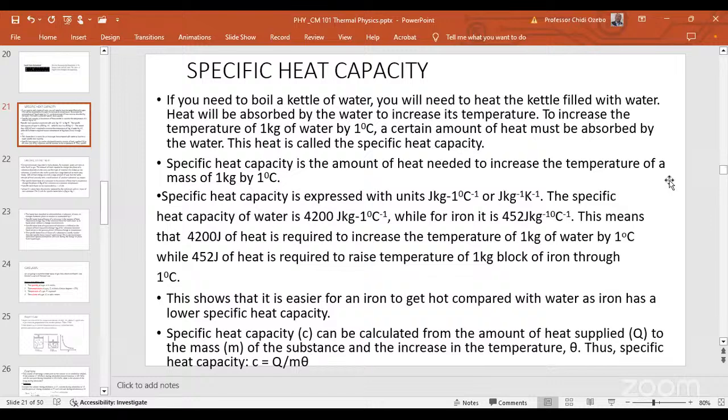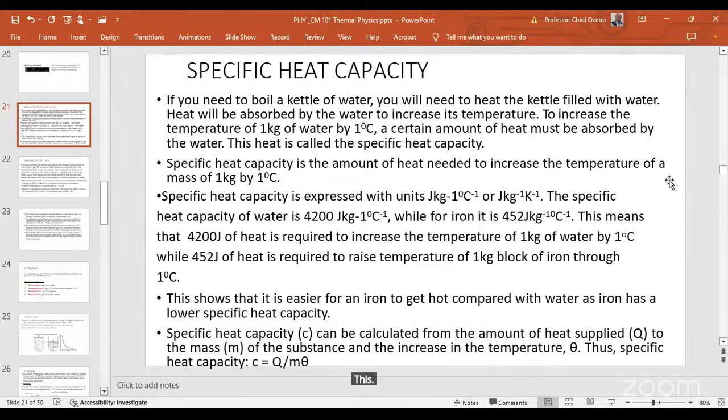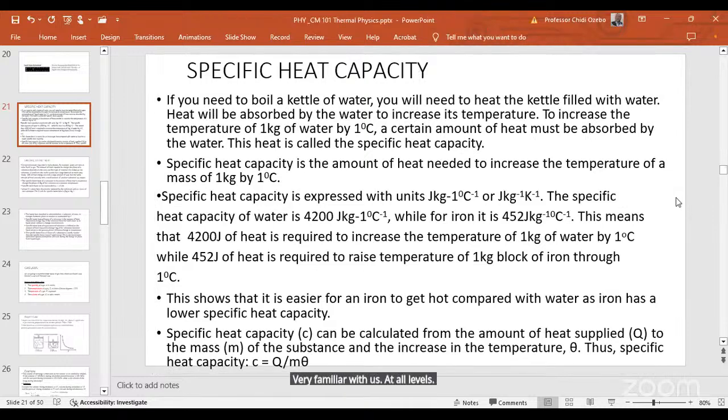So c is Q over M theta. In other words, quantity of heat can also be calculated by saying Q is equal to M c theta. This is the formula we're all very familiar with, at all levels.